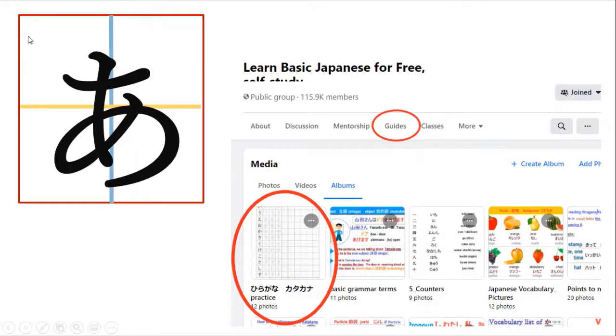Please remember, when you're practicing, for each letter, whether it's kanji, hiragana or katakana, you should imagine a square, or if you print this, then you won't face any problem. In each square, you need to write the character in the exact way.